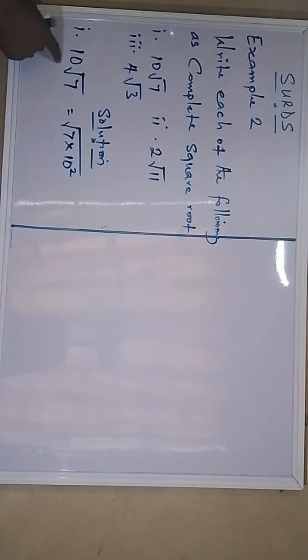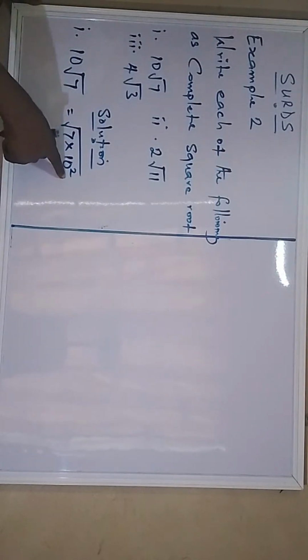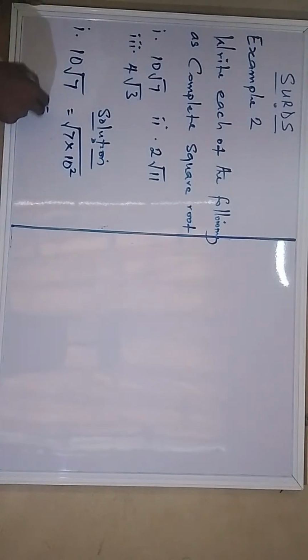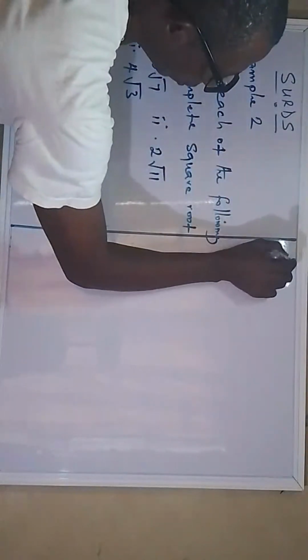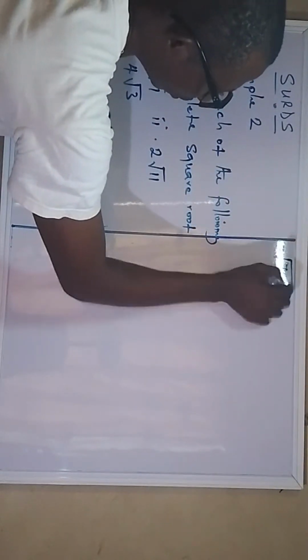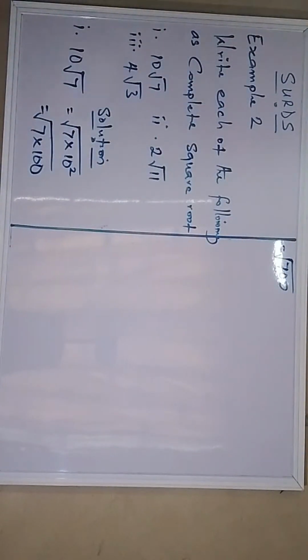So it's 10 here. Once it comes in, it becomes a perfect square, so it's going to have a power of 2. This gives us square root of 7 times 100. So the answer now is going to be square root of what? 700. So that's going to be the answer.